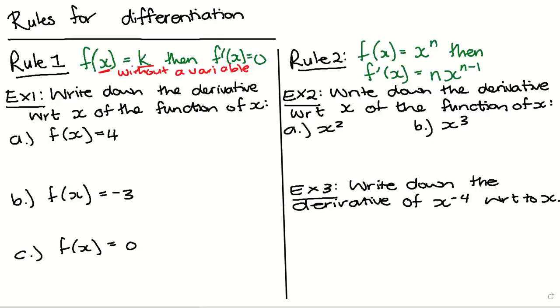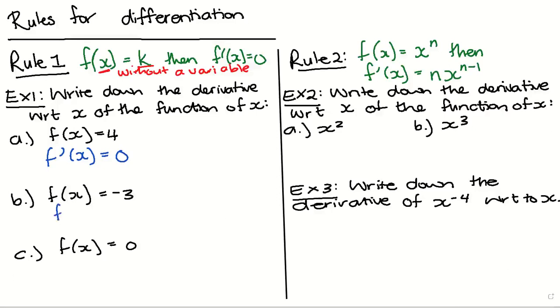Well, the derivative is going to equal 0. So if I want to write down the derivative of this, I can just write f dash x is equal to 0. The derivative of a constant is always going to equal 0 because we're not using the variable.